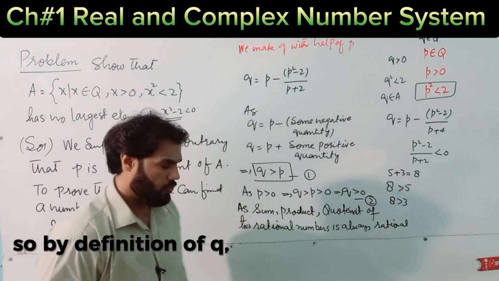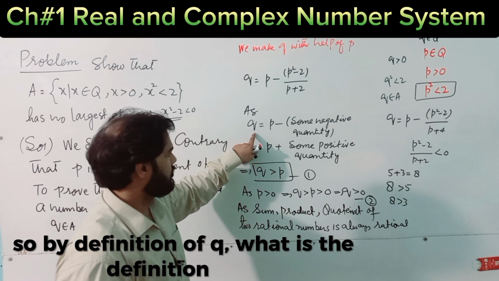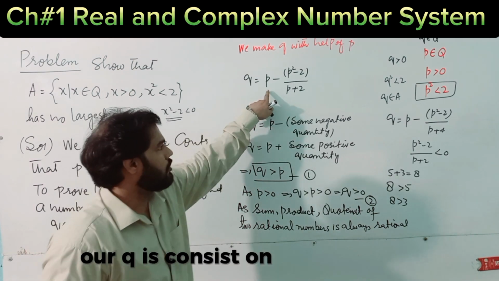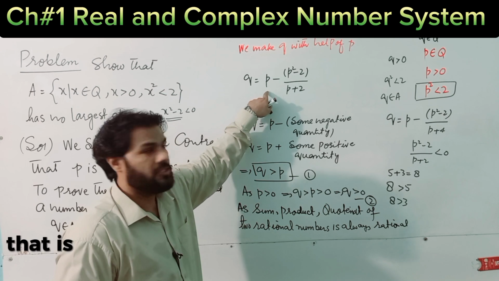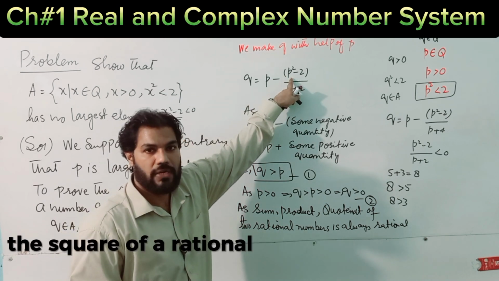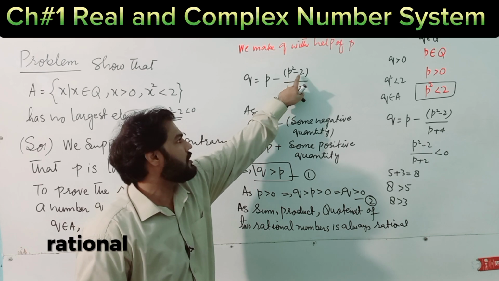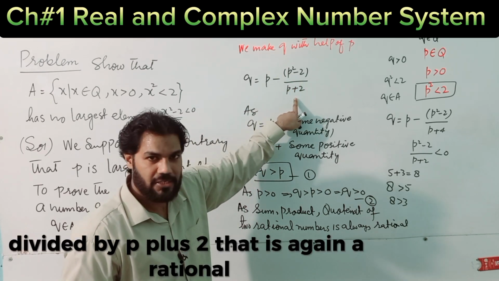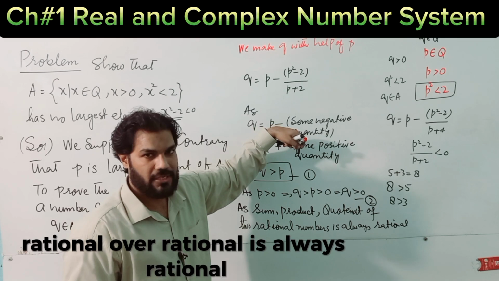So by definition of q, what is the definition of q? Small q is p, that is a rational number, minus p square minus 2. The square of a rational number is always rational. Rational minus 2 is always rational. Divided by p plus 2, that is again rational. Rational over rational is always rational.